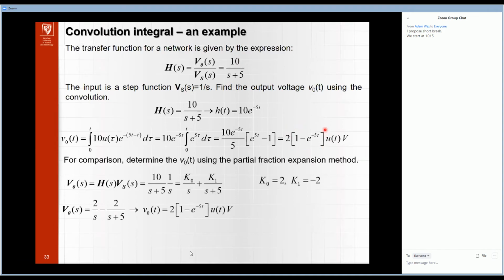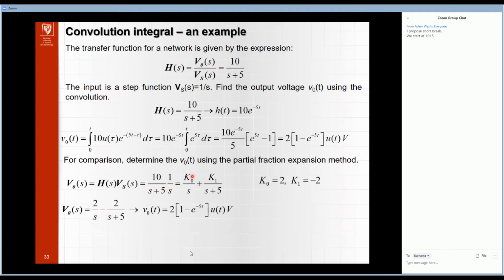And for comparison, determine the same value using the partial fraction expansion method. So now we don't know anything about convolution, and we just use these equations. V0 you can calculate as H(s) multiplied by this one. We know H(s) and multiply by this one.